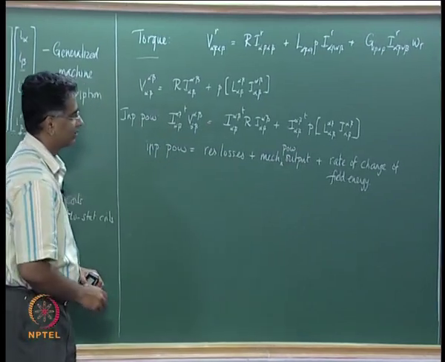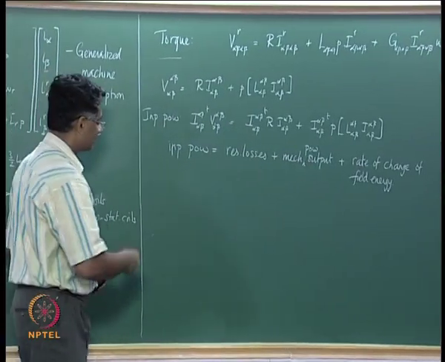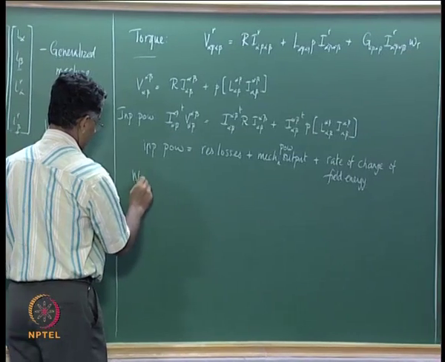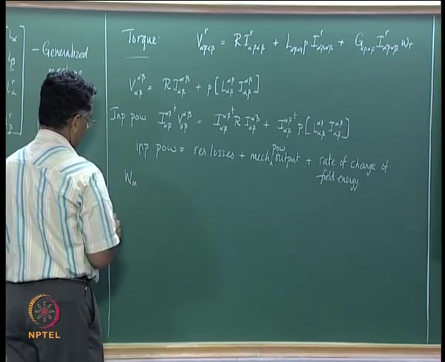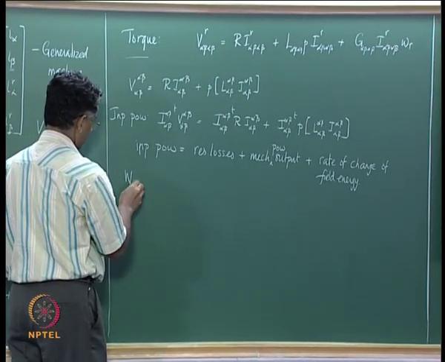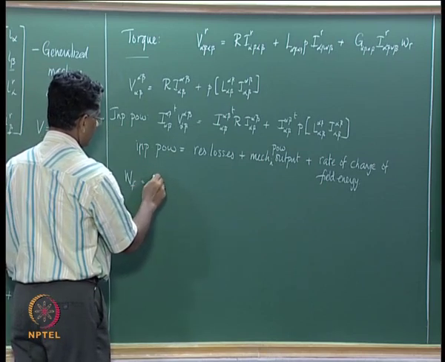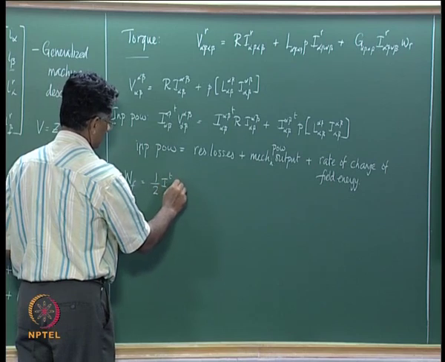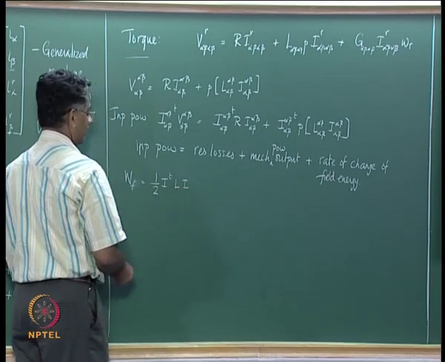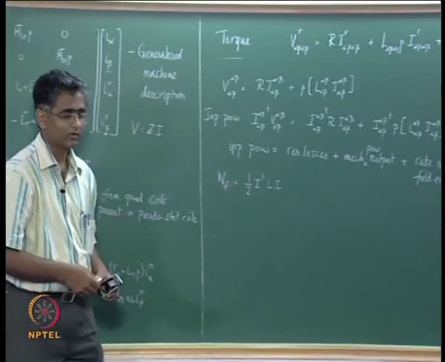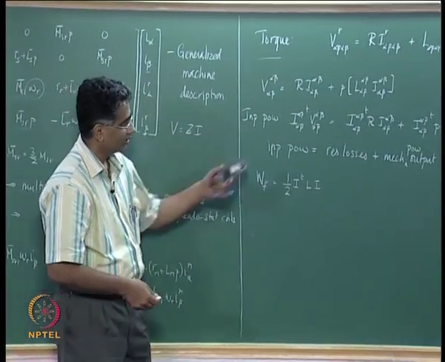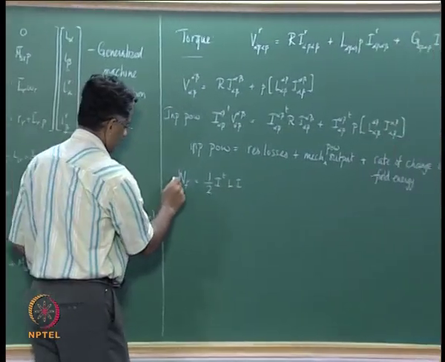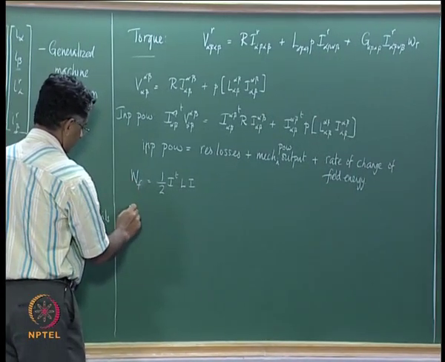we started out with an expression for the magnetic stored energy. I think we called it WF, that is given by half of I transpose L into I, in whichever reference frame we are considering it, and then the rate of change of field energy is nothing but the derivative of this.